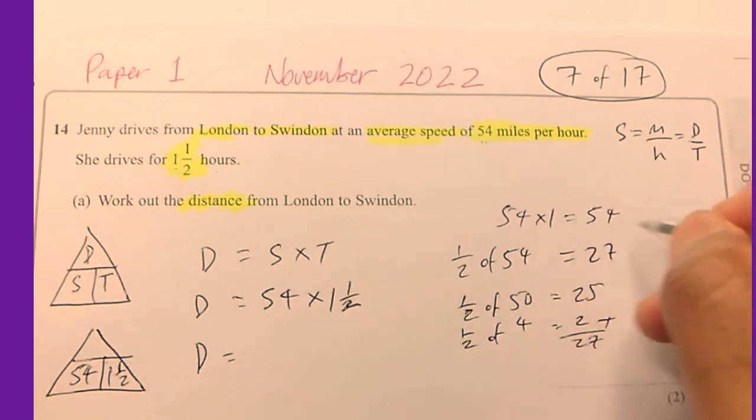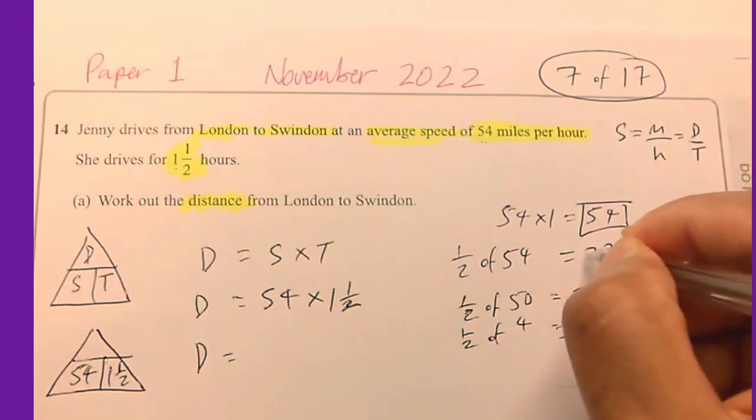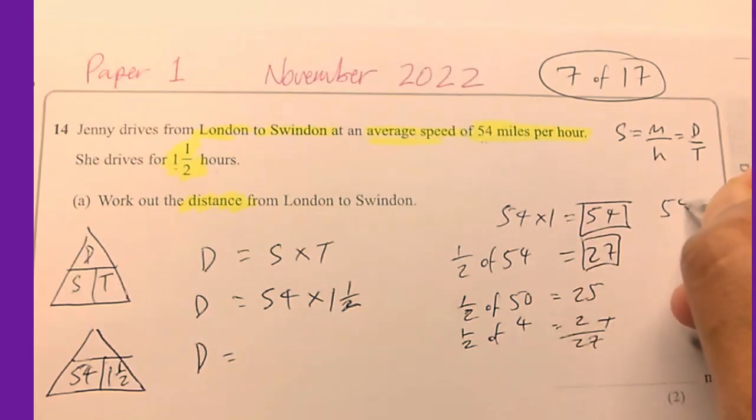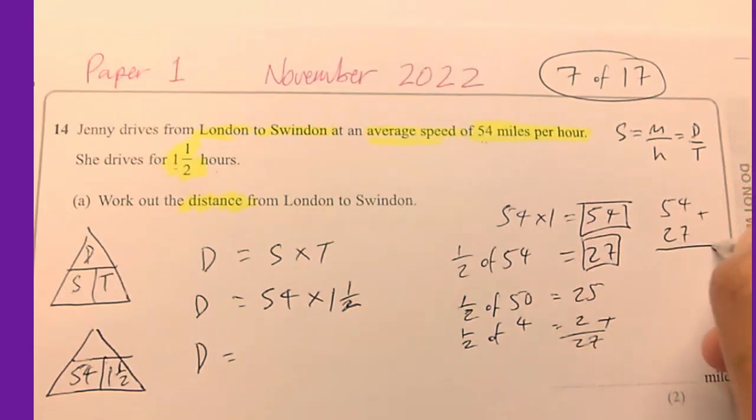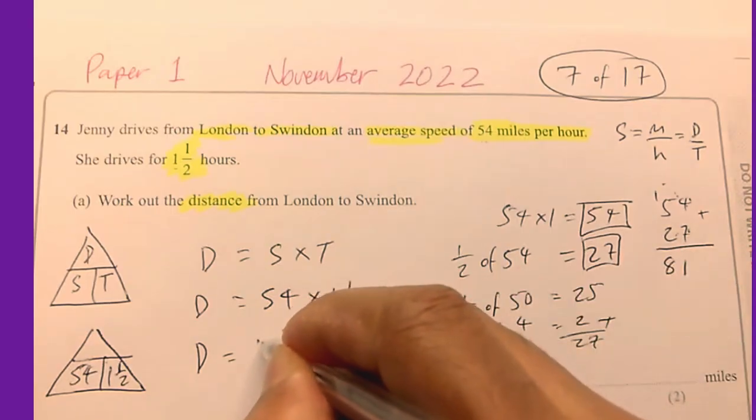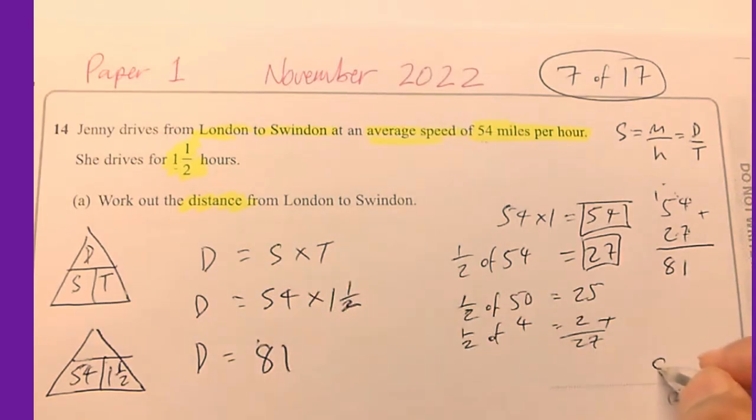I just add these together: 54 and 27. 7 plus 4 is 11. 1 plus 5 is 6, add the 2, 8. So my answer is 81 miles. All right, well done if you got that.